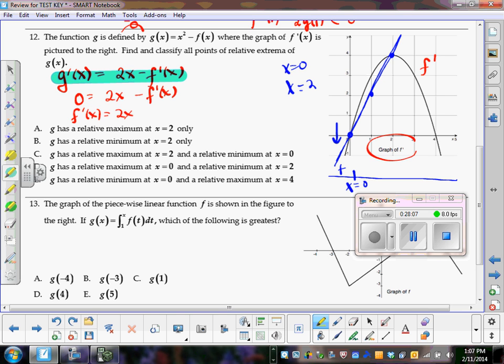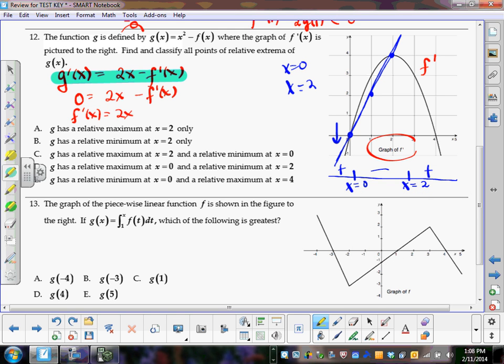And then at x equals 0, they intersect. Now, blue line 2x minus curve here is actually going to be negative because the blue line is below the curve. So blue line minus curve would be negative, then x equals 2. And then blue line minus curve after that, blue line is bigger, so positive. So that means we have a relative max at x equals 0 and a min at x equals 2.